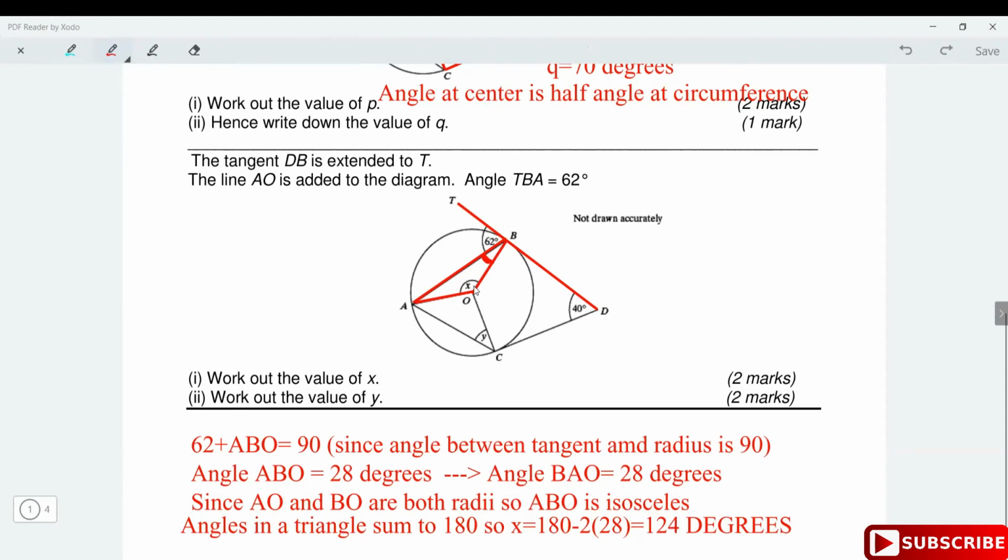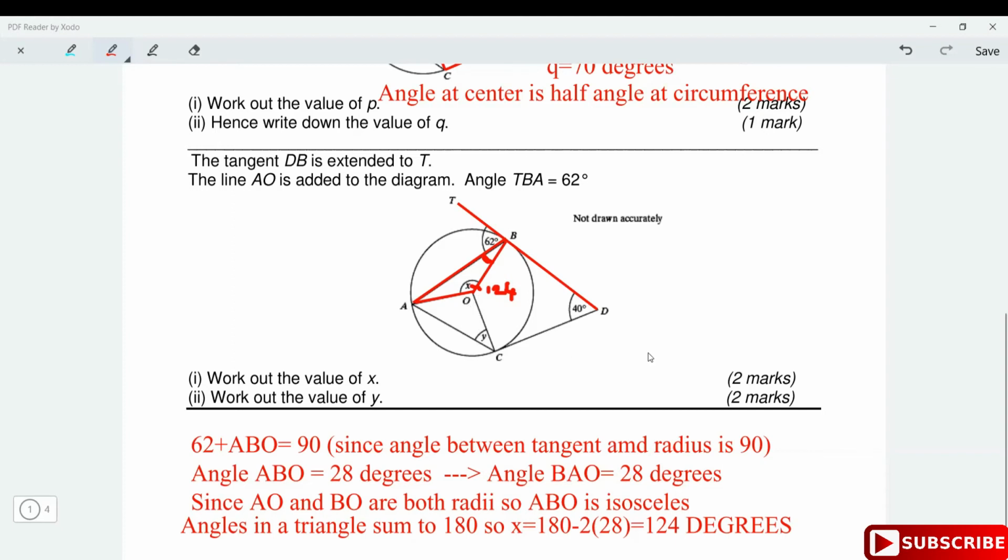Now that I know x is 124, what else do we know? We need the value of y, and y is in this triangle right here. Since we're in this triangle, we need to find this angle first.